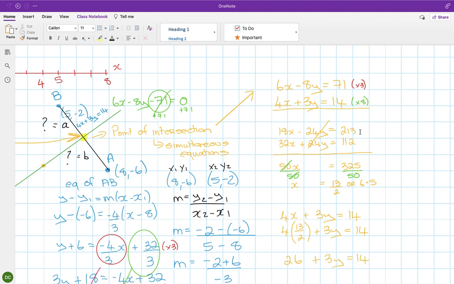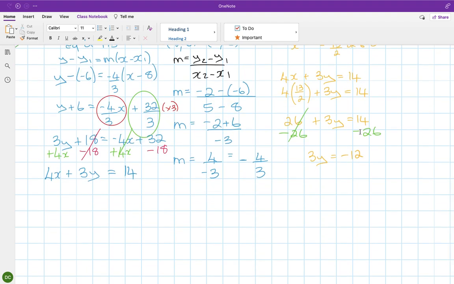Then we minus the 26, minus the 26. So we get 3y equals minus 12. And then divide by 3, divide by 3. So y is minus 4.